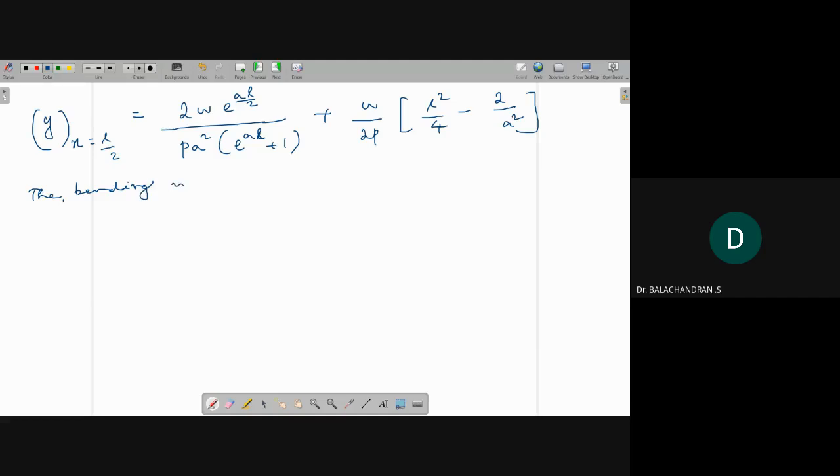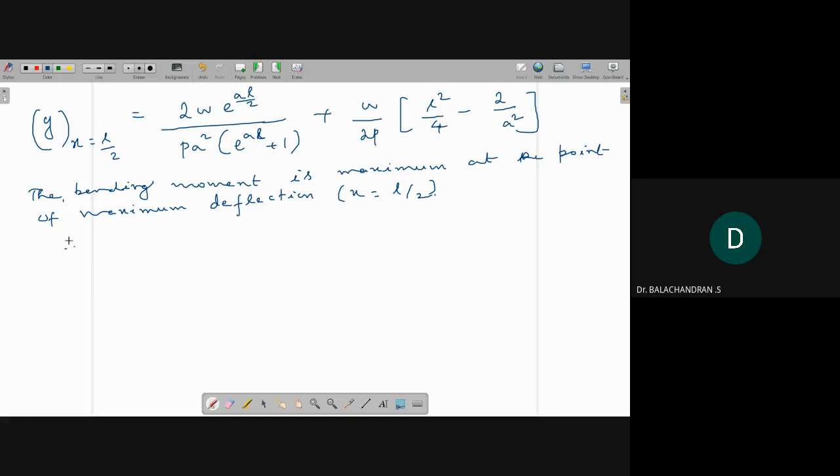The bending moment is maximum at the point of maximum deflection. Okay, so maximum deflection is at x equal to L by 2.